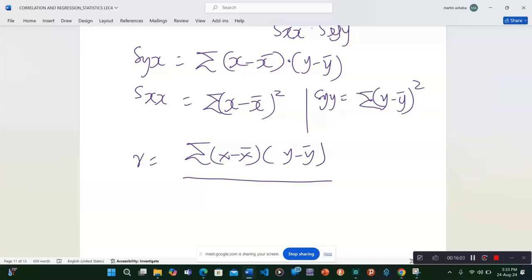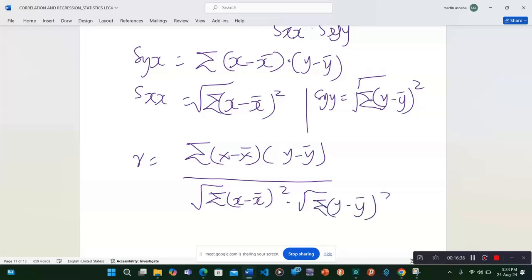This is supposed to be square root. Okay, so you'll find you have root of sum of x minus x bar squared times square root of sum of y minus y bar squared.